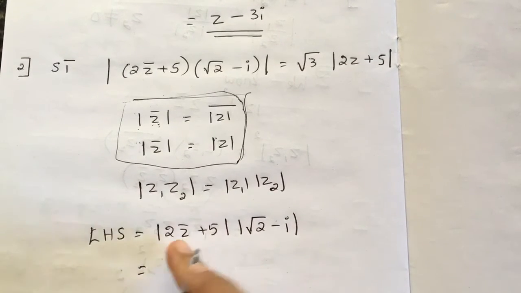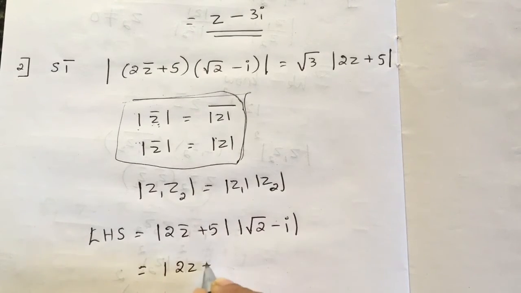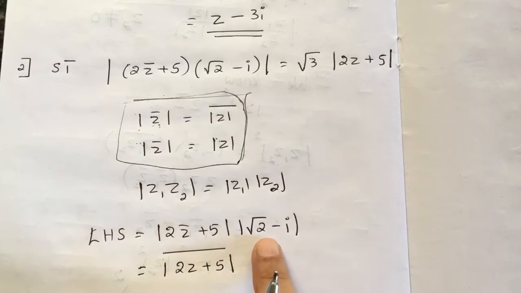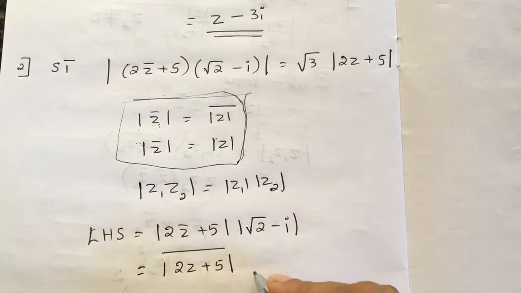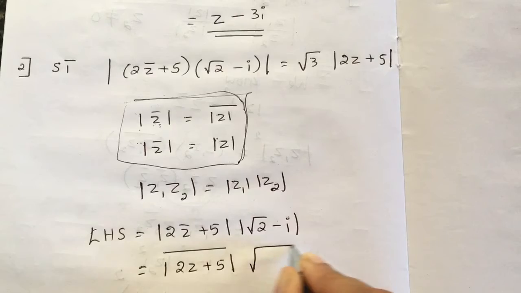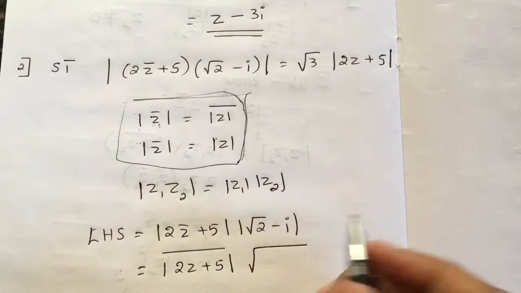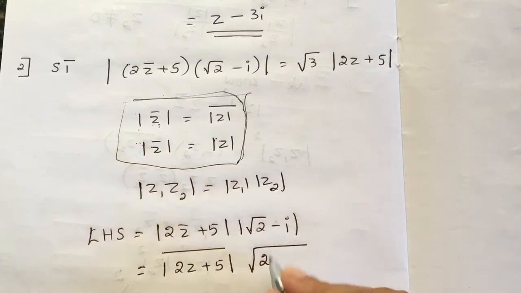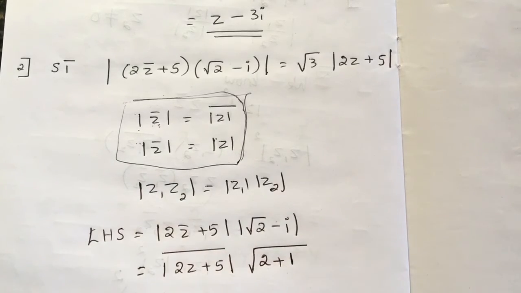Now this is the same as writing modulus of 2z plus 5, and the modulus of this is nothing but root of root 2 square, which is 2, and minus 1 its square is 1, right?